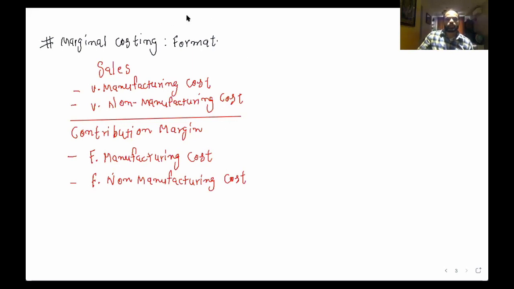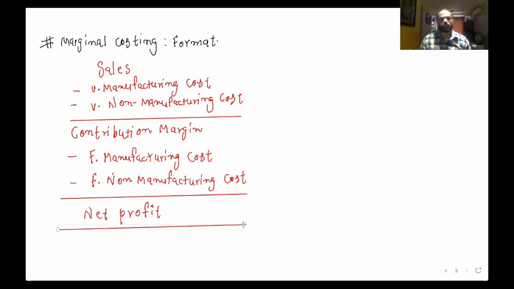So contribution margin minus fixed cost is called net profit. Net profit, right? So this is the way to estimate profit under marginal costing.